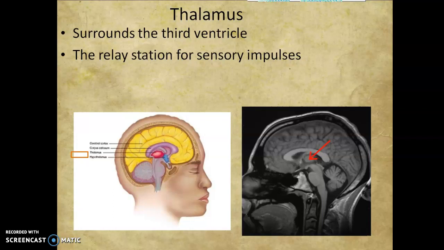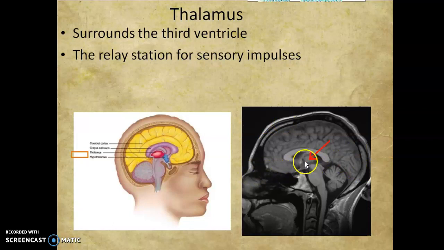So, for example, if you look out your window and you see a bird, the message that travels from your eyes into your optic nerve is actually going to pass through your thalamus, which is right where this red arrow is.